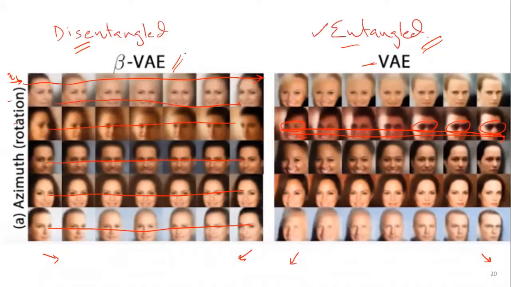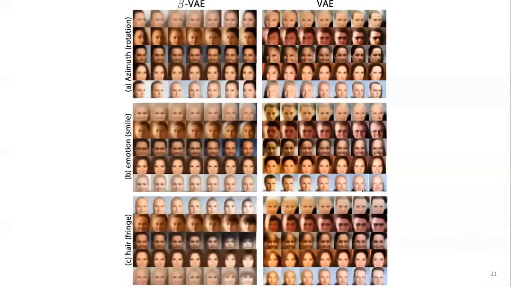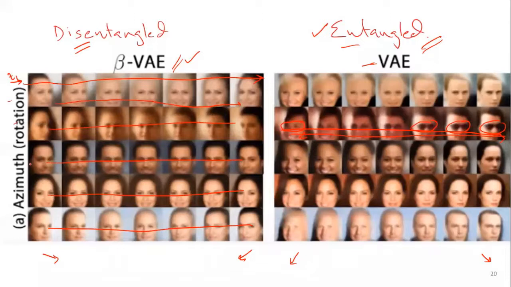In the disentangled version, you don't see that happening. You don't see the face suddenly changing, or somebody putting on glasses, or other features changing. If you look at this further example, this was referred to as azimuth rotation.